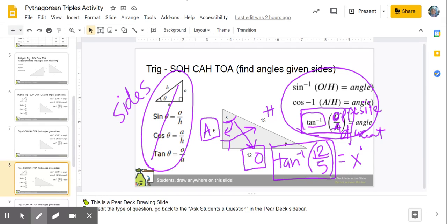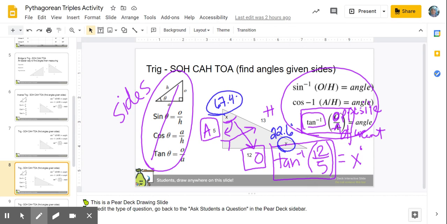And we got 67.4 degrees. So we come back over here, and angle X is 67.4 degrees. So if I know X is 67.4, what's Y? 22.6? Yeah. Awesome.